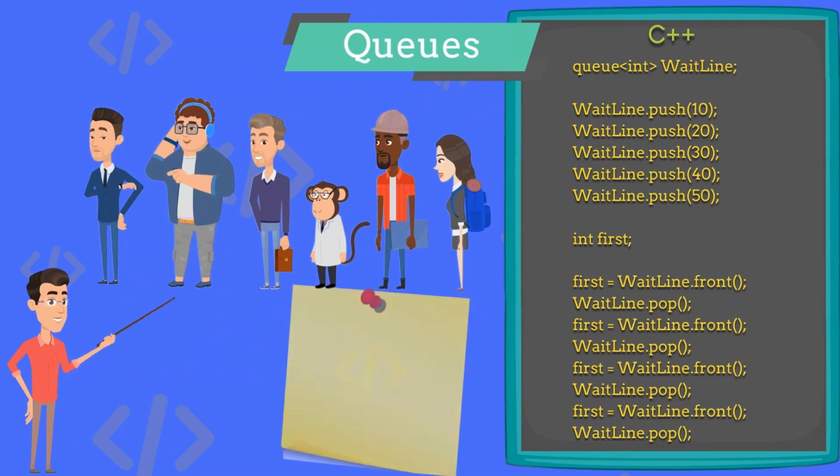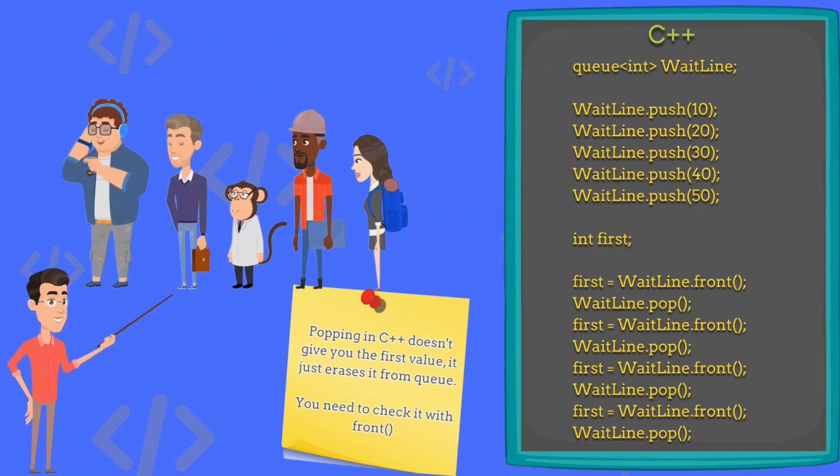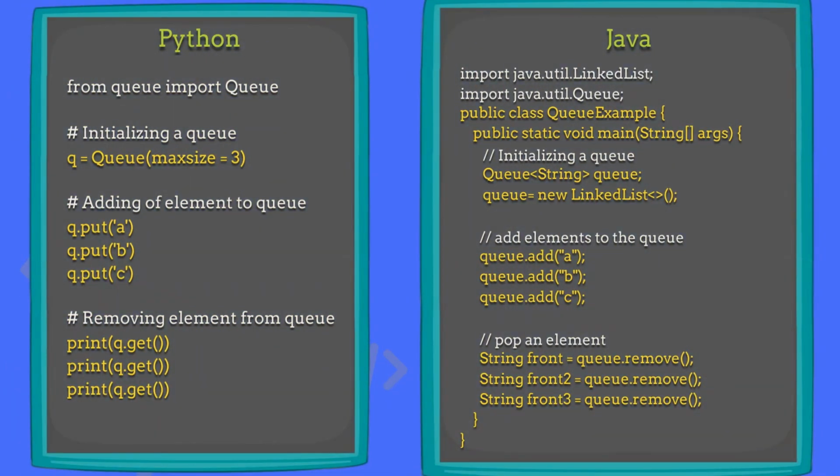So when you pop an element, you extract it into a variable and it gets erased from the queue. And all other elements move up one spot. Now this is the basic way of dealing with queues, but not the only way.